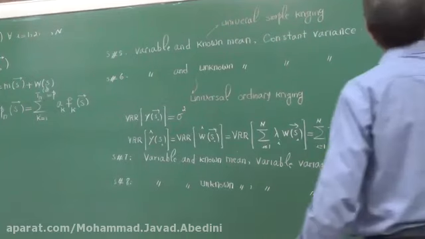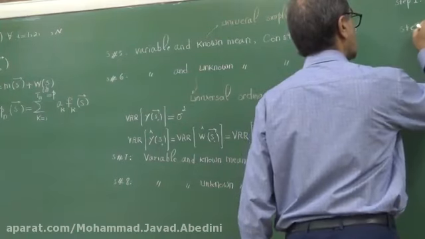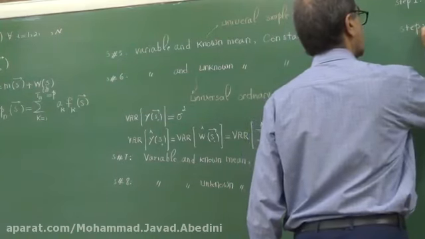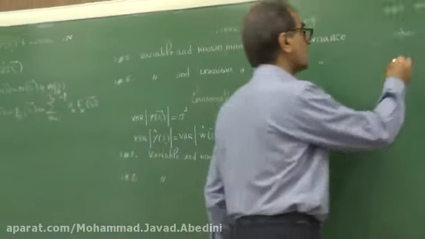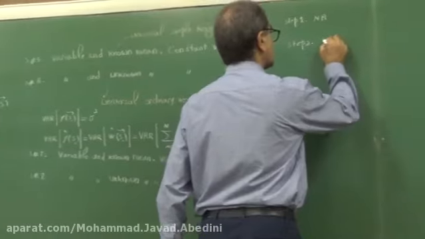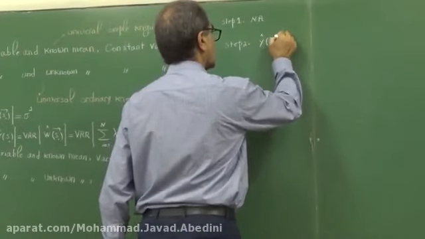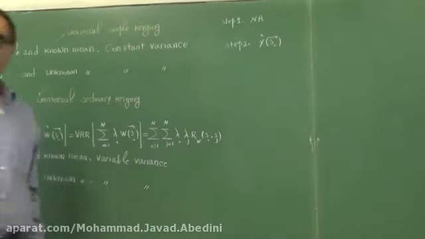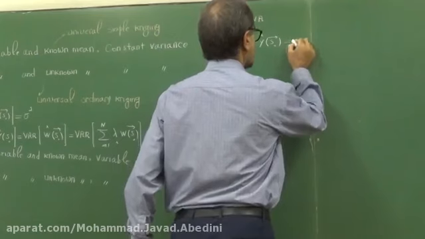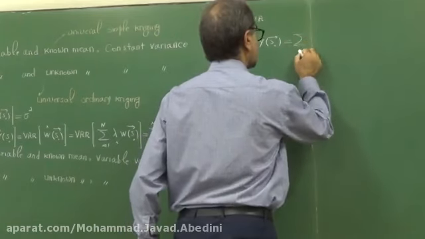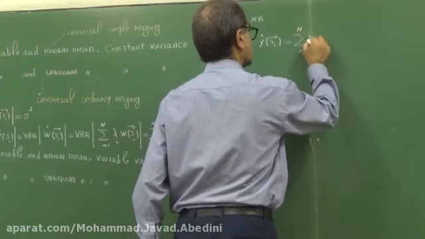In step 2, you have to cast your estimator. Estimated value of Y at the point which is not sampled can be written as a linear combination of observations.